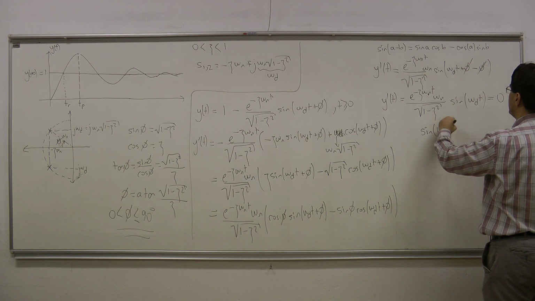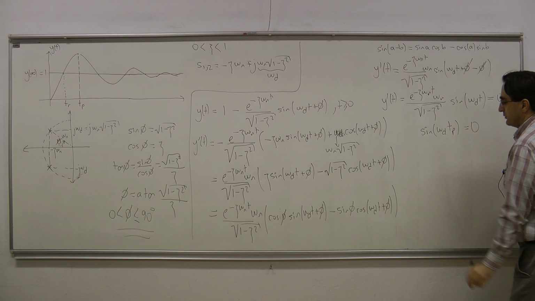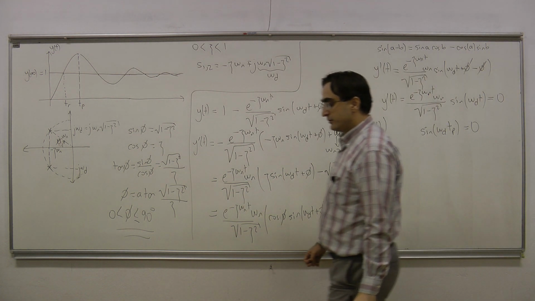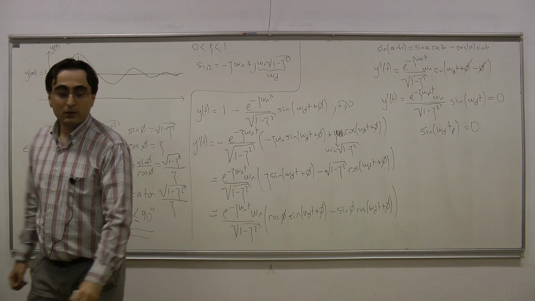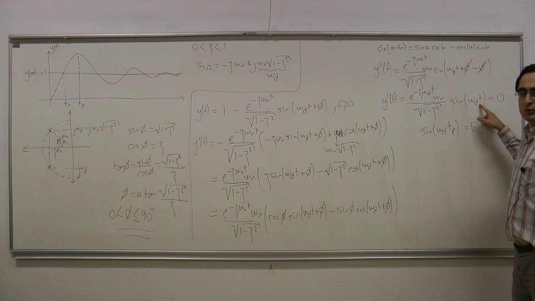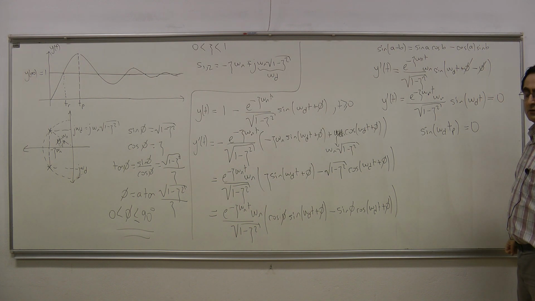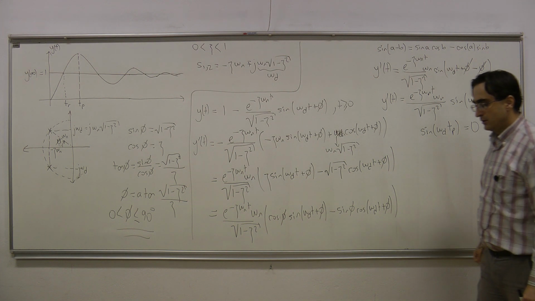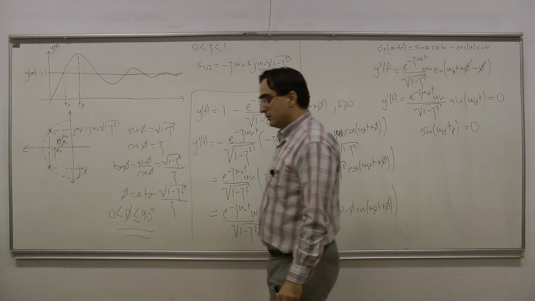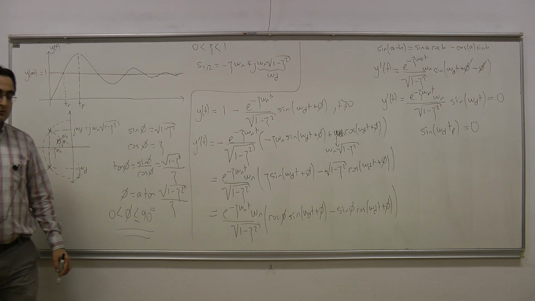Let us now substitute Tp here: sine omega d Tp is equal to 0. I need to solve this equation. At t equal to 0, sine of 0 is 0, so this equation is satisfied. So is the peak time equal to 0 then? What do you think?